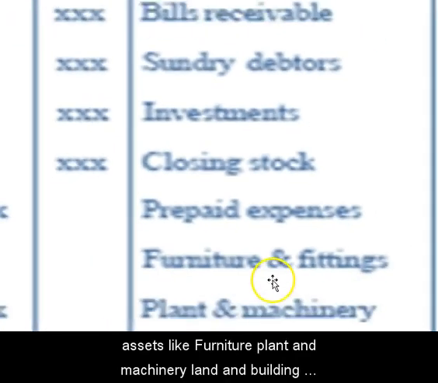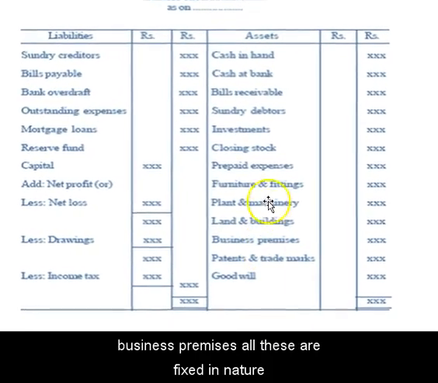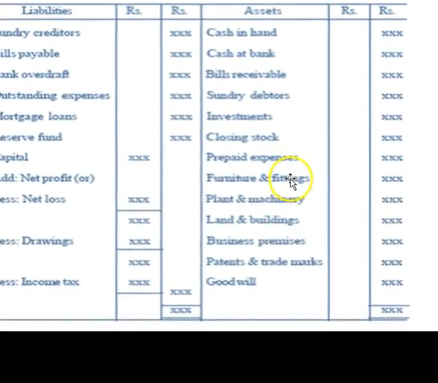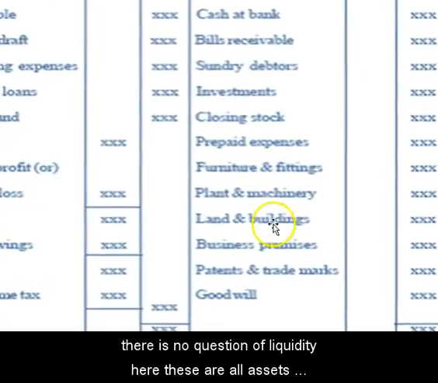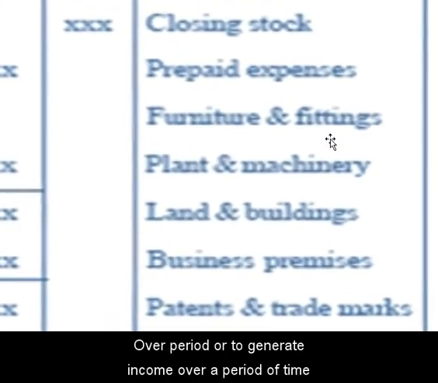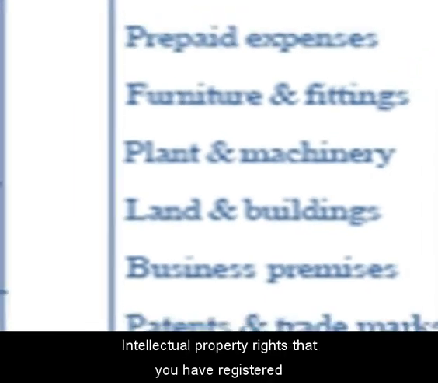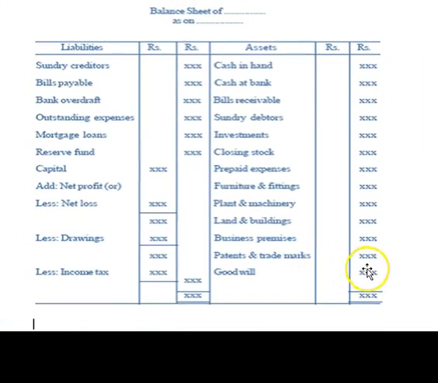Whereas assets like furniture, plant and machinery, land and building, business premises, all these are fixed in nature. There is no question of liquidity here. These are all assets meant for earning over a period of time, or to generate income over a period of time. Whereas patents and trademarks are your intellectual property rights that you have registered. So it is a long-term asset.